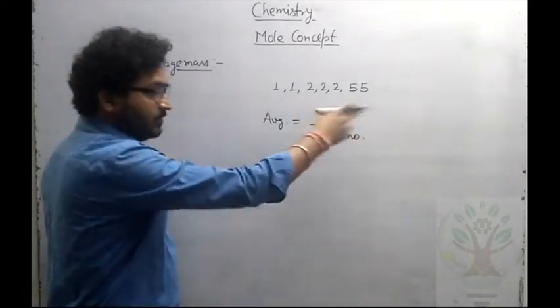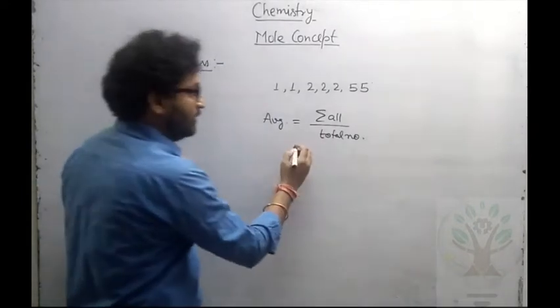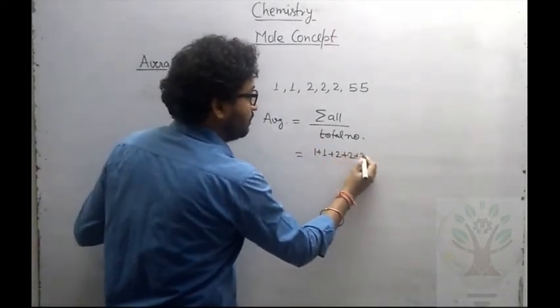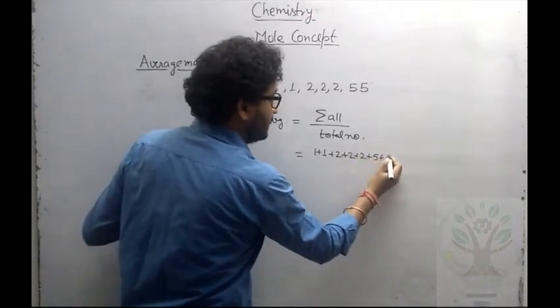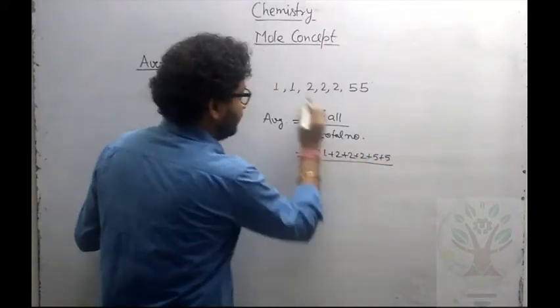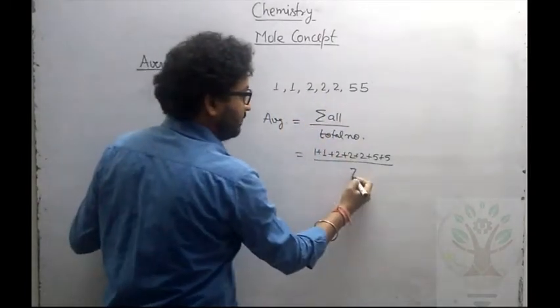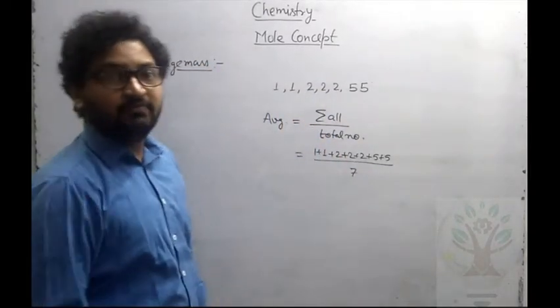So 1 plus 1 plus 2 plus 2 plus 2 plus 5 plus 5, divided by the total numbers, which are 1, 2, 3, 4, 5, 6, 7, so divided by 7. This is how we find the average.